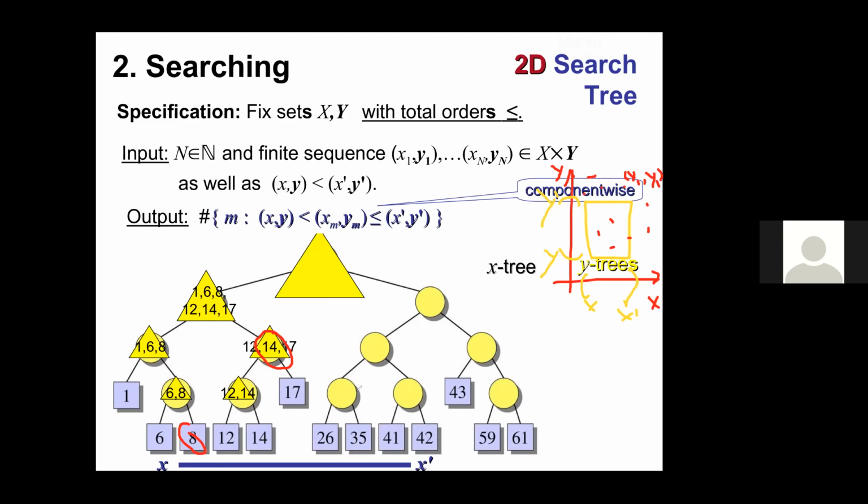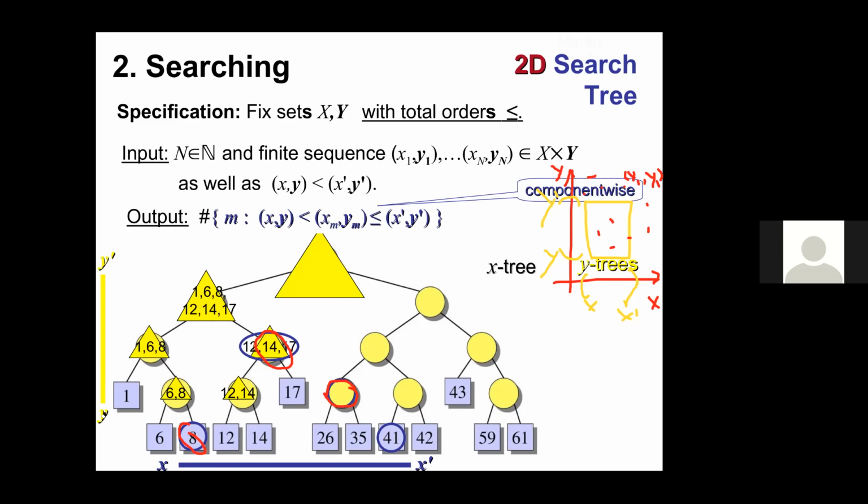So this will be this node and this one, let's say, and this one. Then for these nodes, you have to apply the search algorithm one more time with respect to y.